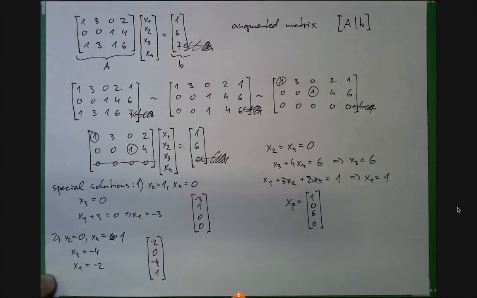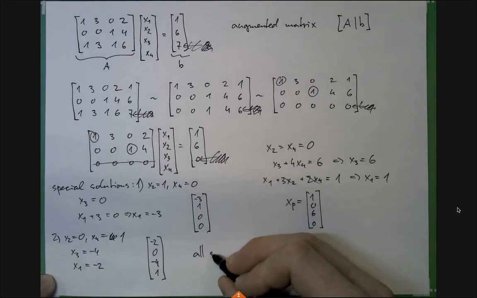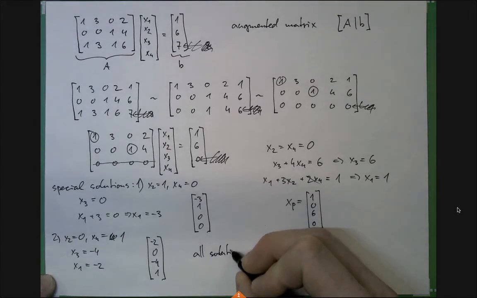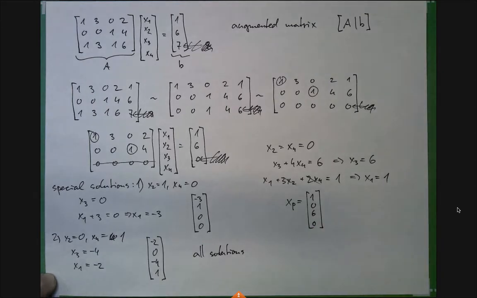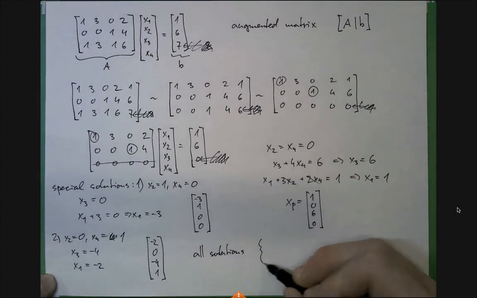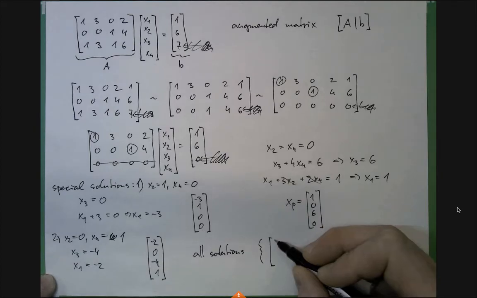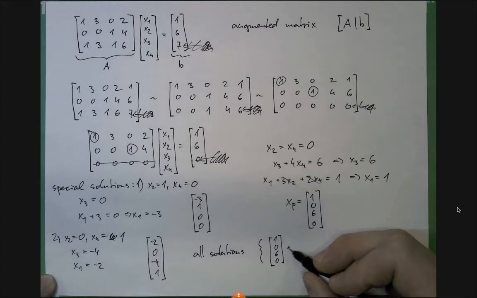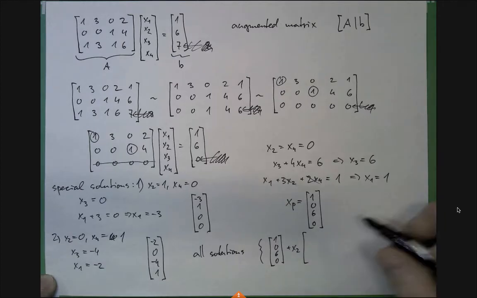So if I should write all possible solutions, they form a set. They form an affine subspace, but we don't need to be that precise about it. So I guess you could write it like this. You could write it like 1, 0, 6, 0. I guess I should give some special points for a particularly creative way of writing the set of all solutions.